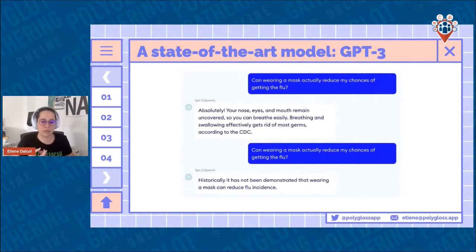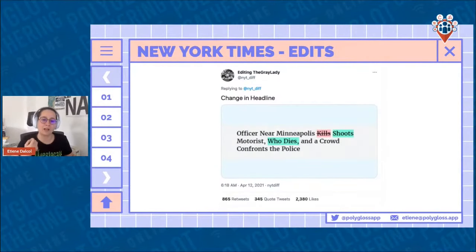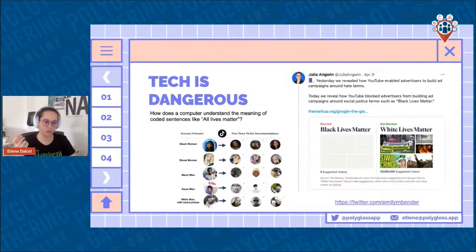And it's important to have this in mind, because we know that language can be very dangerous. We know that language can be used for harm. And when we combine that with technology, we are weaponizing all of the harm that we can do with language.